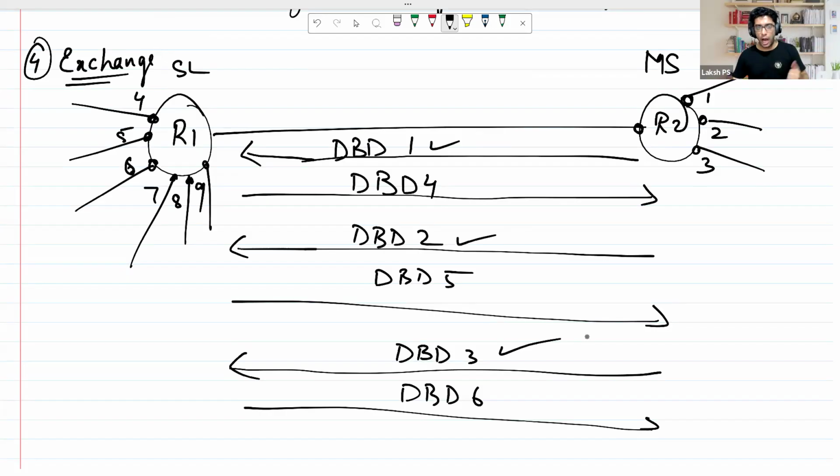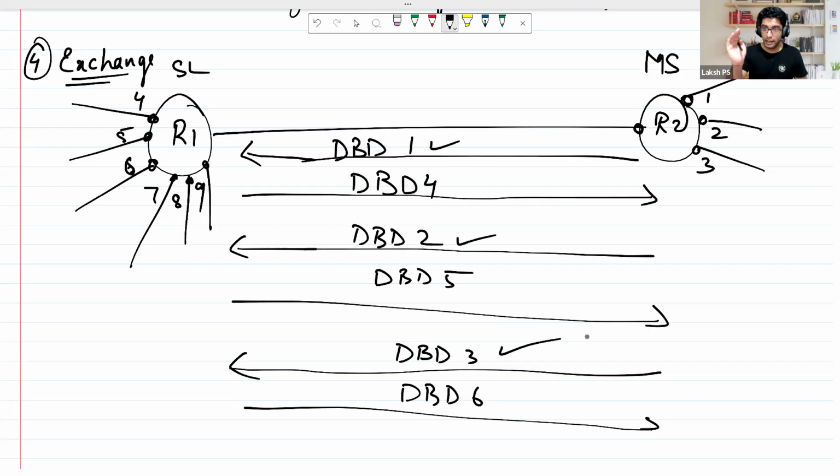But R1 has 7th link, 8th link, and 9th link to share it with R2. How is it going to do? It cannot send it by its own because it's a slave. Until and unless master sends a DBD, R1 cannot send back its own DBD. What is R1 going to do in this case? I hope the question is very clear. Let me repeat.